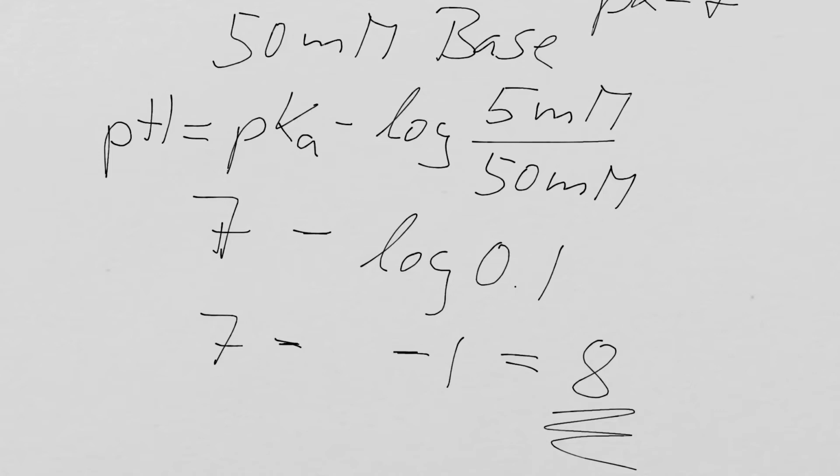What we can do with a buffer is make combinations of the acid and the corresponding base, and then get the right pH that we want. And that is exactly what your body does all the time.